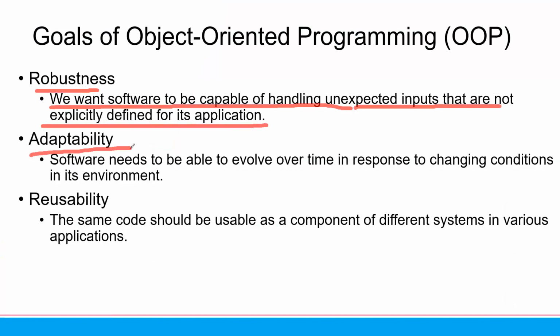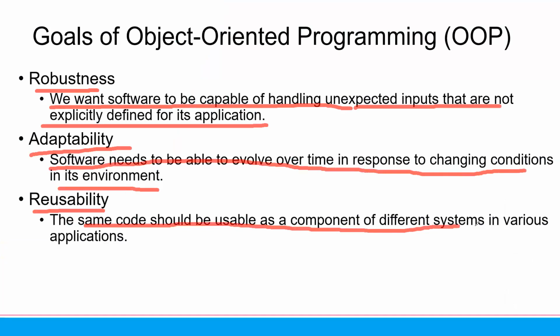And we want to adapt one program to a different kind of condition. So software needs to be able to evolve over time in response to changing conditions. If we can create the object, then we can change, improve, and redevelop the object. And the code will be reusable. The same code should be usable as a component of different systems in various applications. So that's the purpose of OOP, or object-oriented programming.